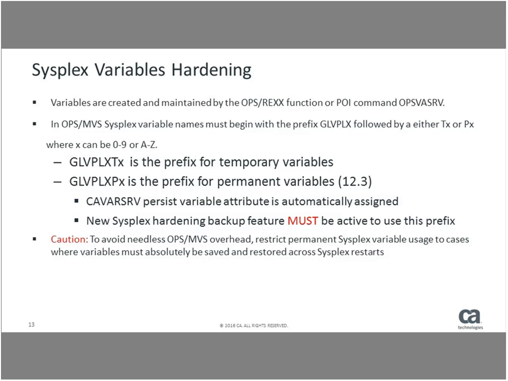So I would use these only in the case where they need to survive the SYSPLEX outage. If you don't normally have SYSPLEX outages, then the temporary ones will be just fine, and those just live in memory, and you're not going to have an issue. But if they need to survive that SYSPLEX outage, then do use the P ones.